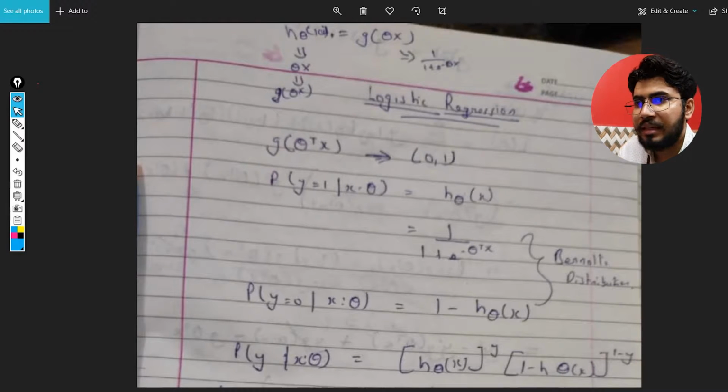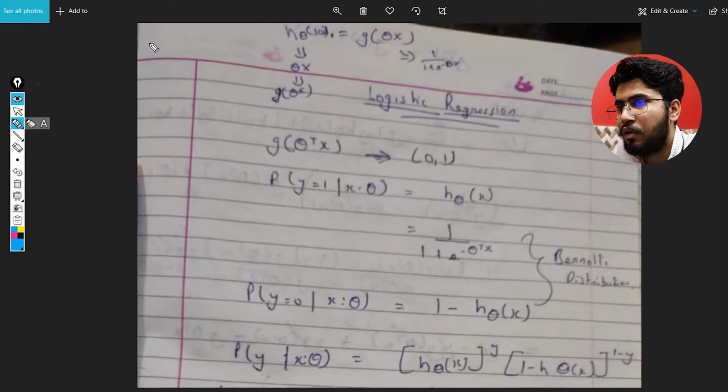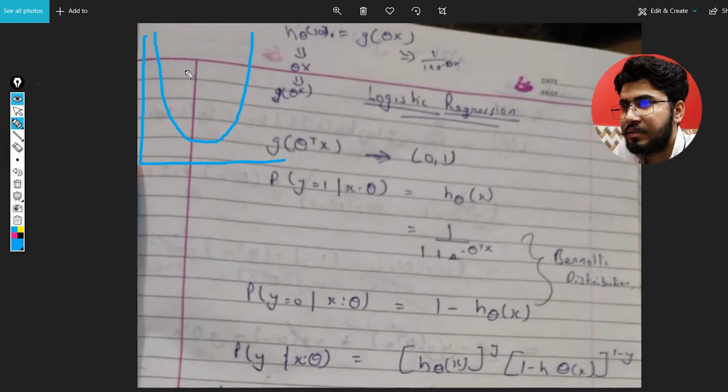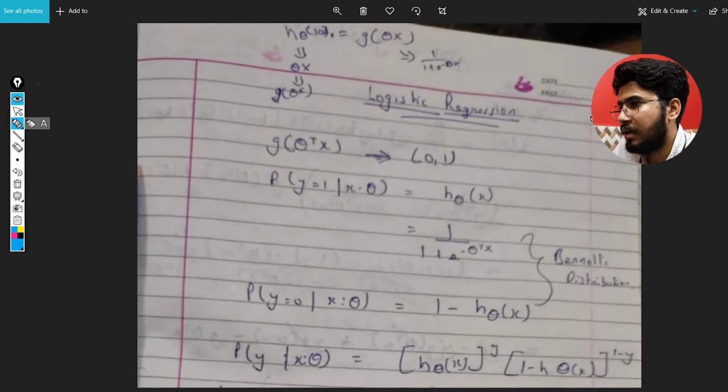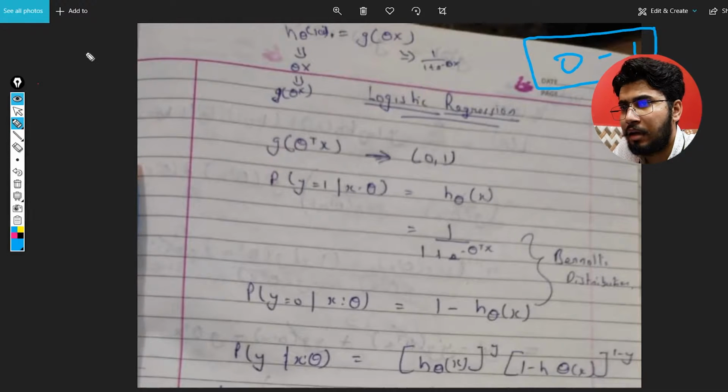Now, in that video we discussed that our loss function is going to generate an error graph like this. So this is a convex graph. For that problem it was okay, but when we talk about logistic regression, in which our output belongs to only 0 to 1, our normal error, that was mean squared error, is not going to generate a graph like this.